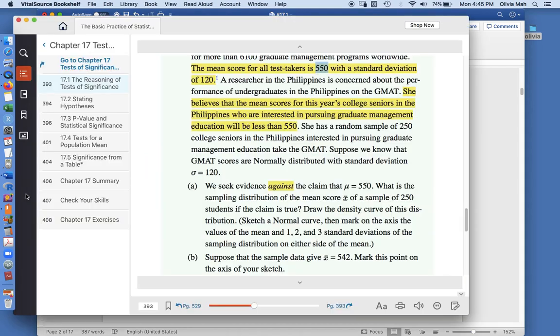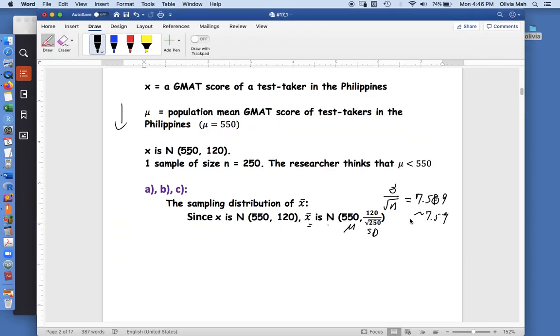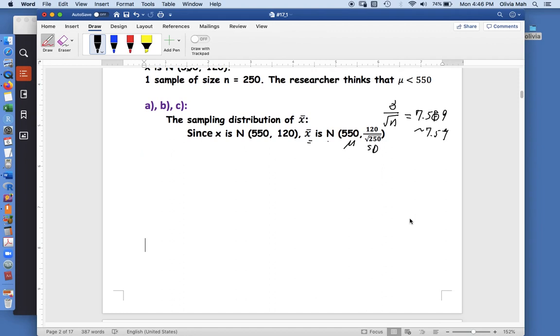So what are we supposed to do next? We are supposed to draw the density curve of this distribution and mark on the axis the values of the mean and 1, 2, and 3 standard deviations of the sampling distribution on either side of the mean. So here it is.